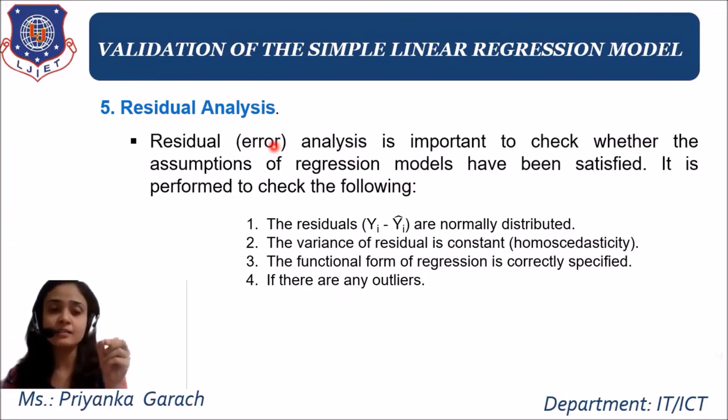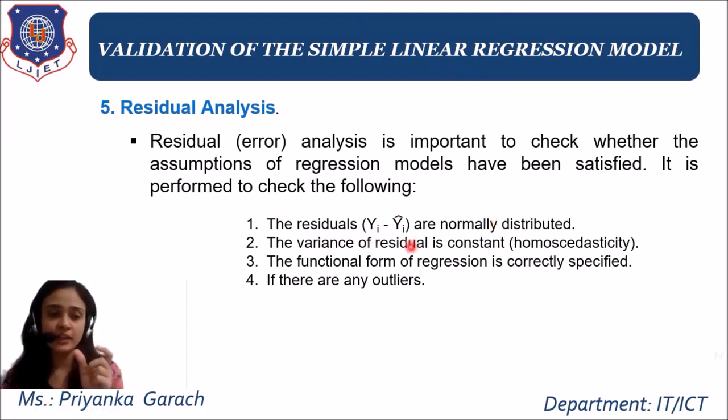The error also has some kind of pattern. So the residual means the error. What is the error? The error means the difference between the actual value and the predicted value. The actual value is given by yi and the predicted value is given by yi cap. The residuals are normally distributed, so its shape is the normal distribution.